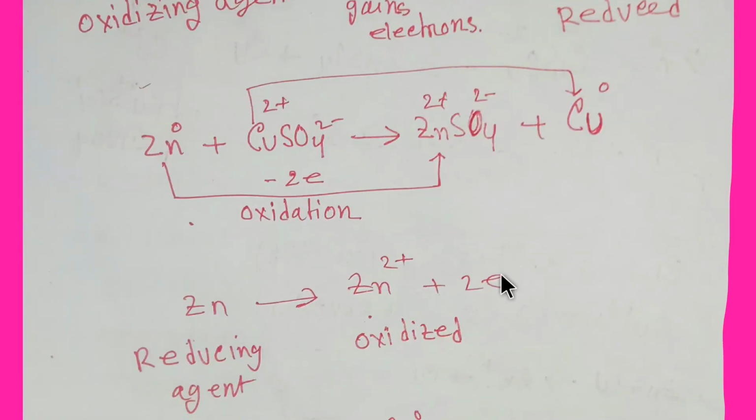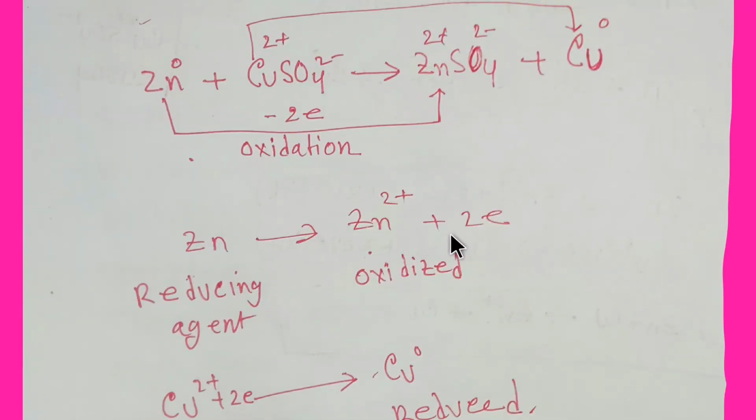Well, zinc plus copper sulfate gives zinc sulfate plus copper. The oxidation state of copper is 2 plus and sulfate is 2 minus. Zinc is 2 plus and sulfate is 2 minus, and copper is 0. Oxidation, right? Here zinc is releasing 2 electrons. So zinc is a reducing agent as it is releasing 2 electrons.